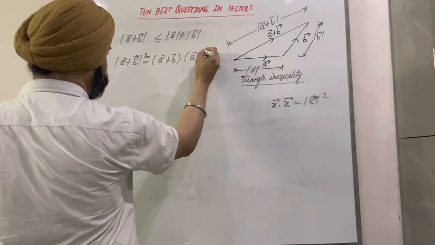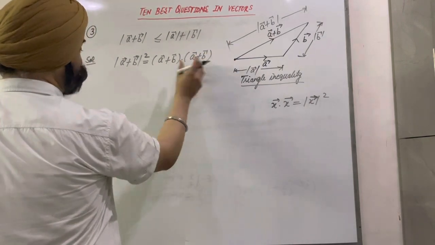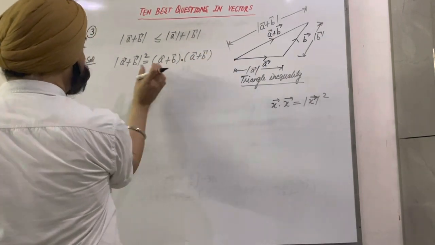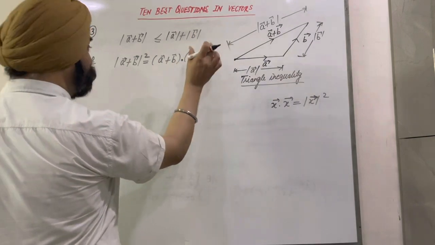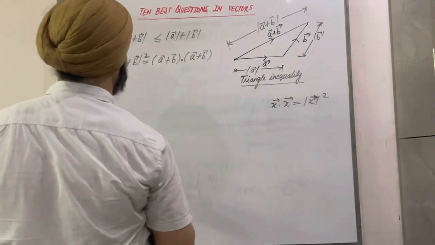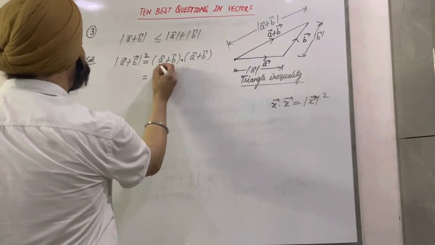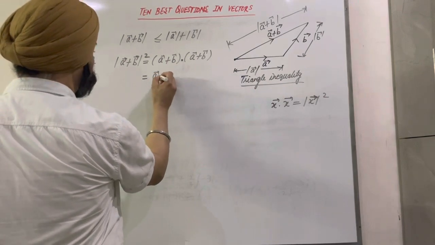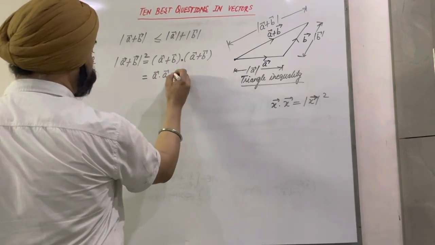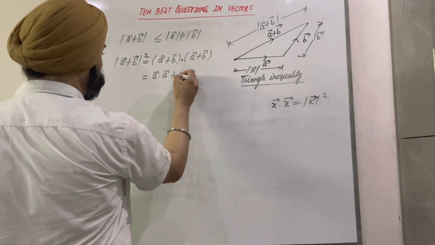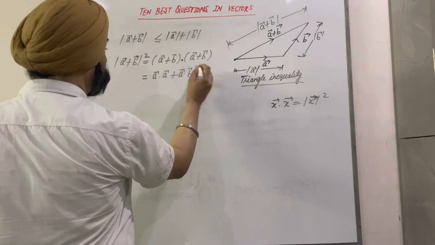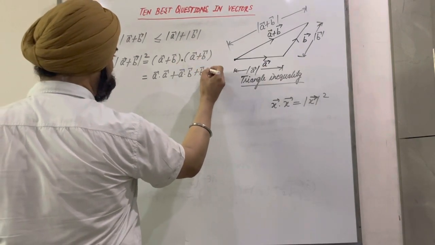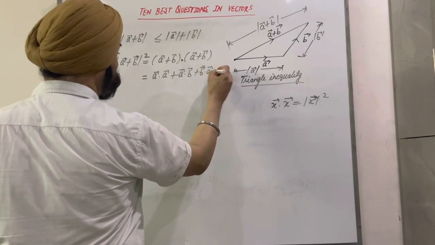The vector in this case is vector A plus vector B. Now this time it's a dot product of vector A plus vector B with itself. That means vector A plus vector B dotted with vector A plus vector B. Now let us expand it. It is A dot A plus A dot B plus B dot A plus B dot B.